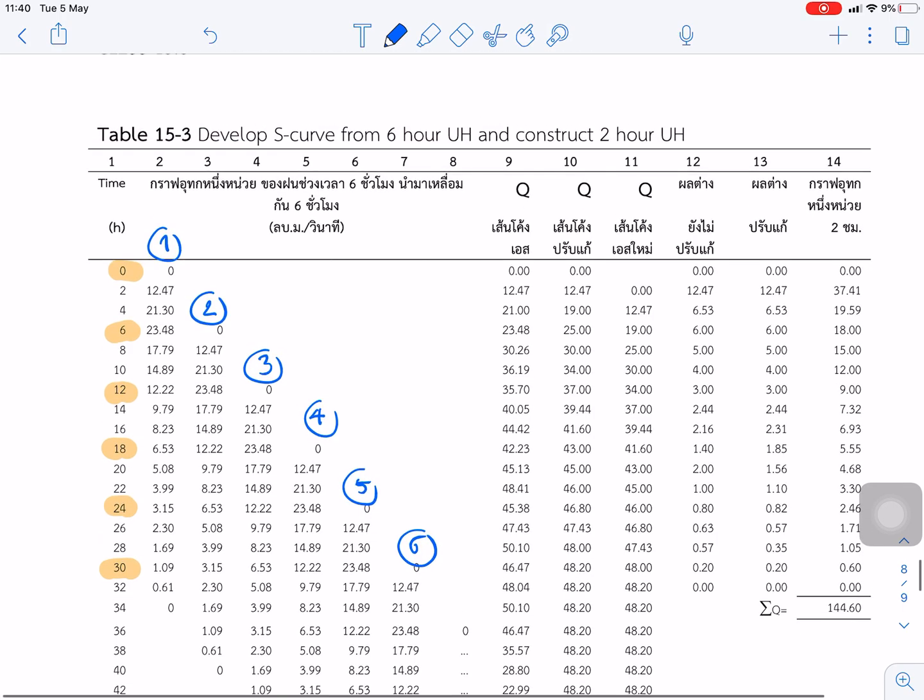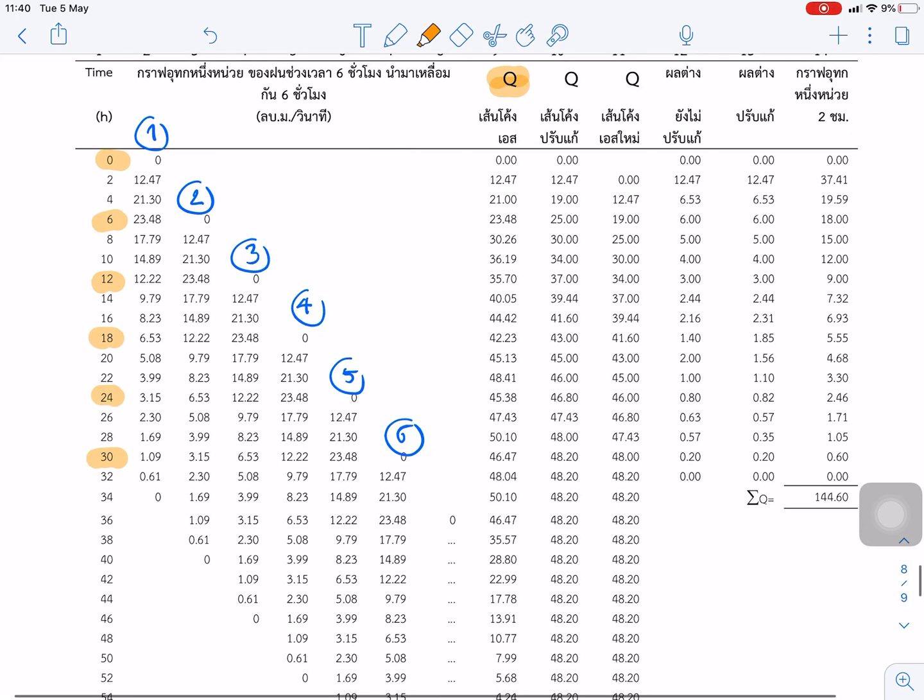Next we put together the summation in column 9, the summation of Q, so we get the S curve. But you can see the maximum is 50 and later on it is smaller, because in this case we assume only 6 sets, but actually there are infinite terms of the unit graph. So we can adjust the S curve to the correct S curve.